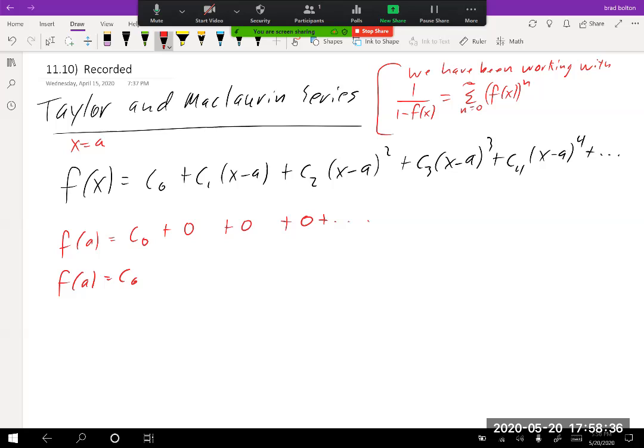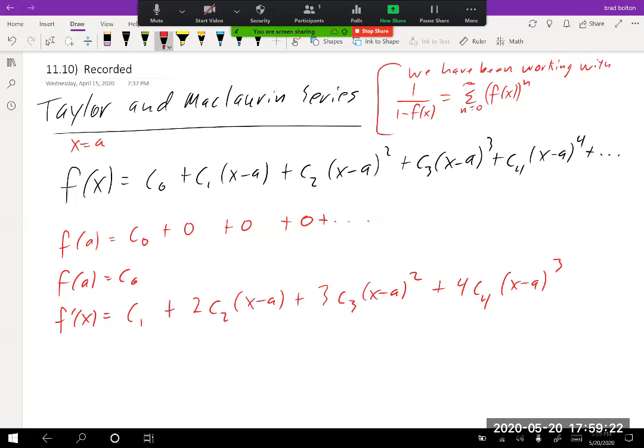Now if we take the derivative, f prime of x is equal to c sub 1, because the constant cancels, plus 2 times c sub 2 times x minus a, plus 3 c sub 3 times x minus a squared, plus 4 c sub 4 times x minus a cubed.